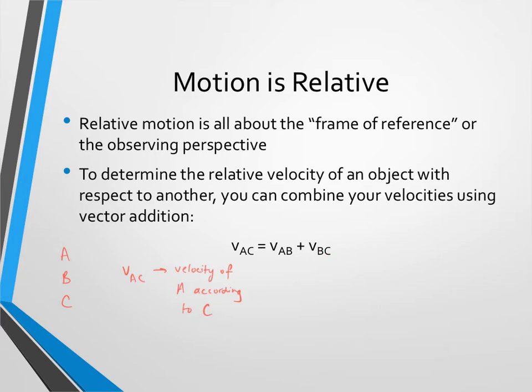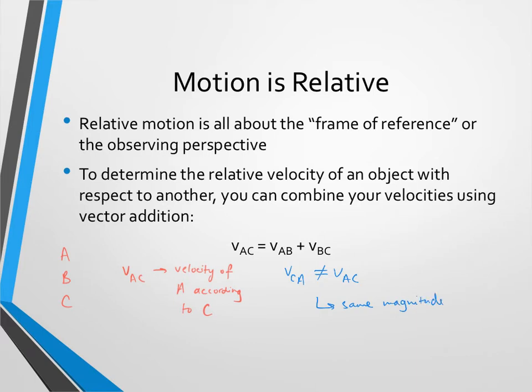Alright, now, there are other tips and tricks here. What if you get something like this? Velocity of CA. Same two letters, but does that mean it's the same as AC? No. These happen to be the same magnitude, however, but they're opposite in perspective, opposite in direction.